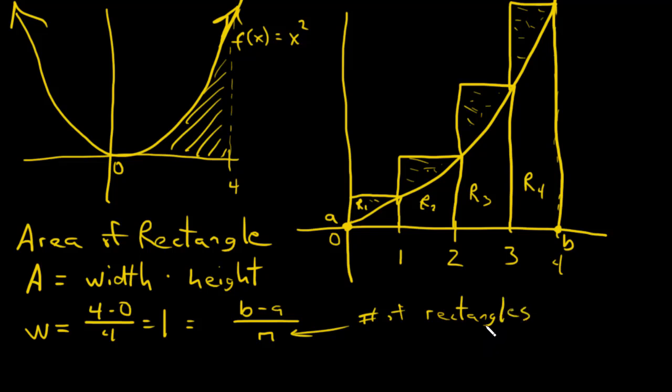So, let's actually do this up with a nice table. I'll give you a second to copy it down. Main thing is that each of the widths is going to be 1. And I could have found that by using the last x value minus the initial x value over the interval divided by the number of rectangles. Just want to say all that.